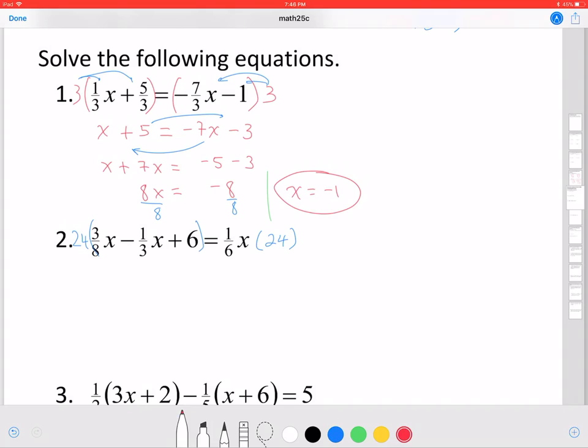I'm going to write this in a little bit more detail. Now you don't have to write this out because this appears to be a little bit long.